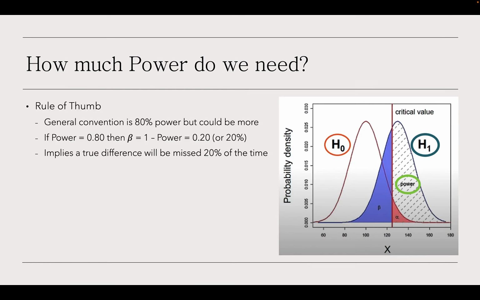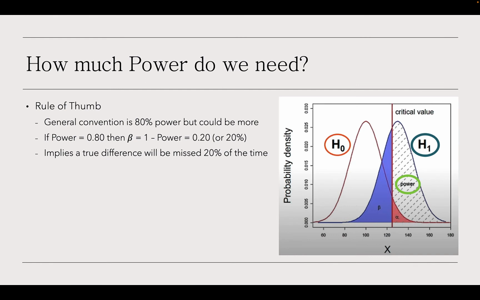The rule of thumb, the general convention, is 80% power, but it could obviously be more than 80%. And I say 80%, the general convention, when you're responding to reviewers for a manuscript, or you're running a power analysis for a grant proposal, typically in those situations we'll use 80%.